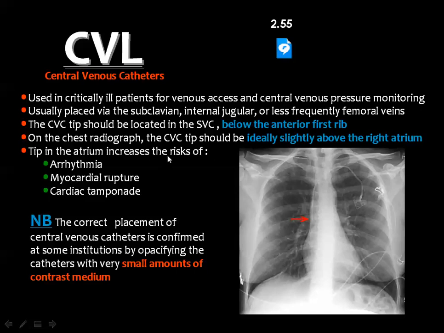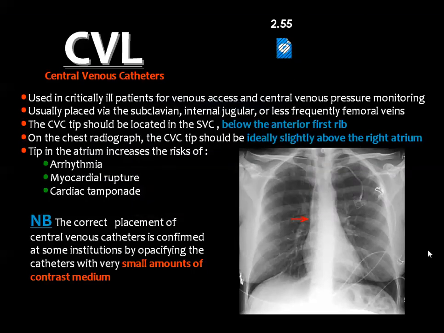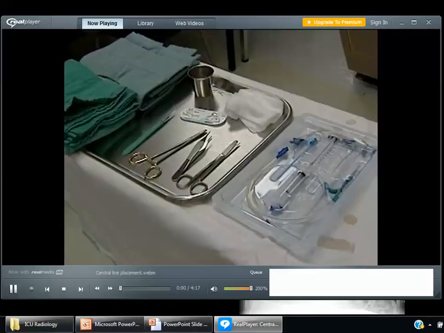The central venous line should be located in the superior vena cava below the anterior part of the first rib. This is an optimal location of the central venous line. Then this is a video to show you how you can insert the central venous line.